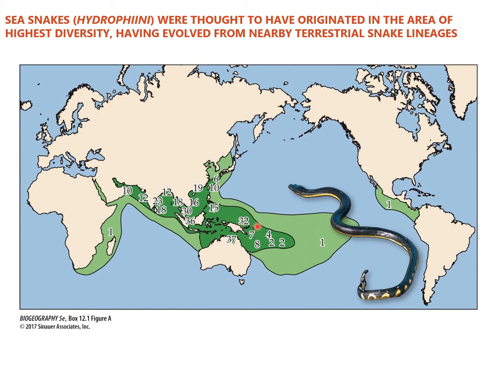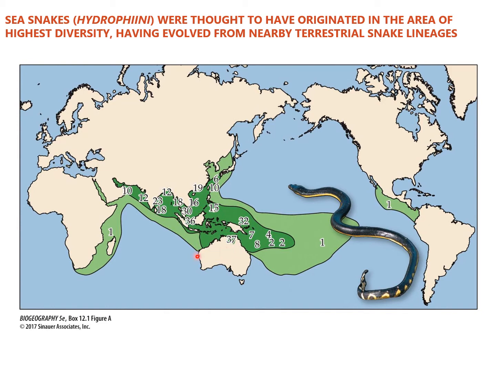So the number indicates how many individual species are found in that location, and basically people thought that the highest biodiversity or species richness was found in this area right here, and so this is where they were thought to have originated and thought to have evolved from nearby terrestrial snake lineages, probably in Australia.